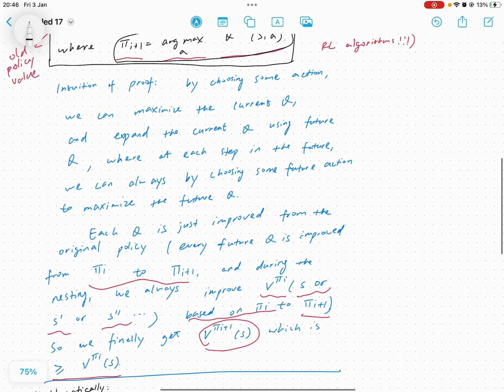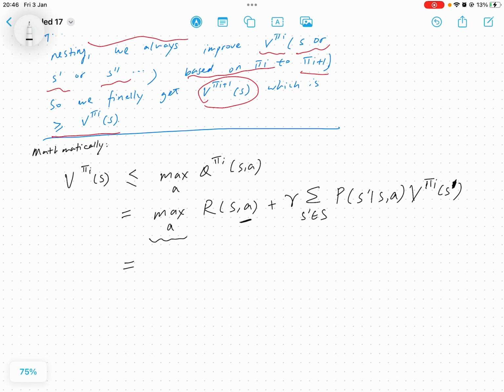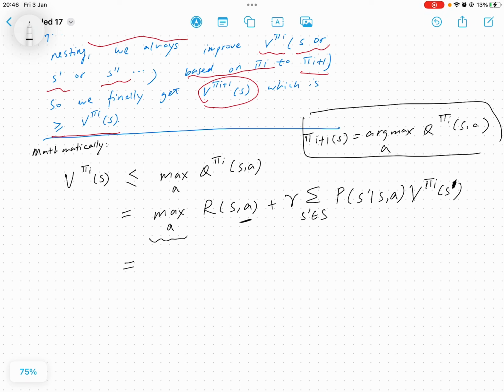Let's read this again to make sure we do not forget pi I plus 1 of s, the new policy, which is defined as the argmax, choosing some A to maximize this Q pi I of S, A. So by definition, we can just remove this max and change this A to pi I plus 1 of s.